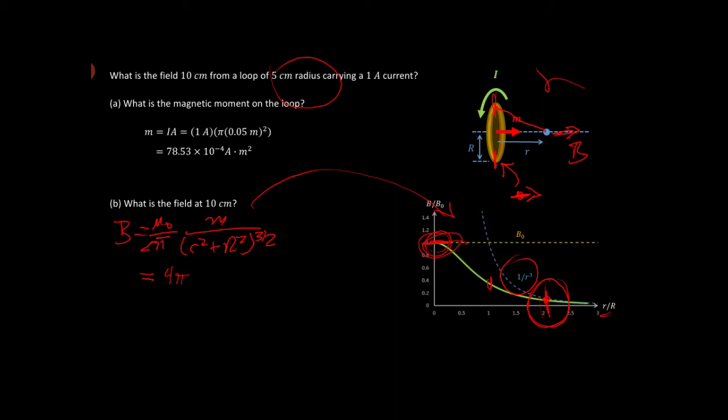All right, so then we have mu naught, which is 4 pi times 10 to the minus 7 Tesla per amps per meter, over 2 pi times the moment, which we said was 78.5 times 10 to the minus 4 amps meters squared.